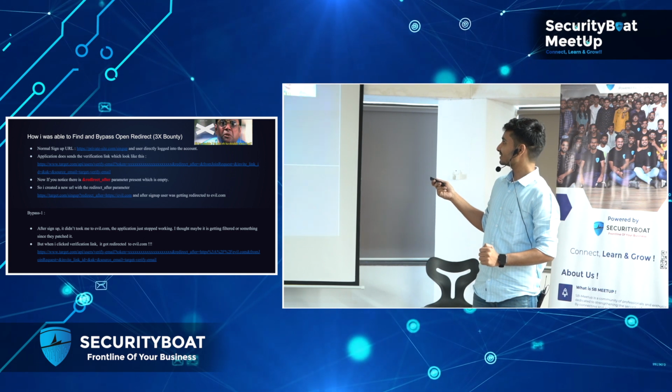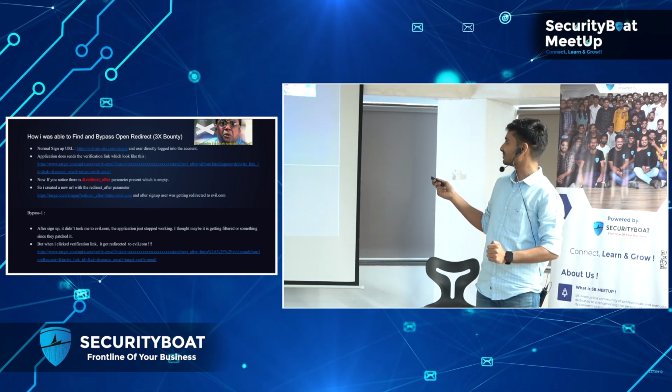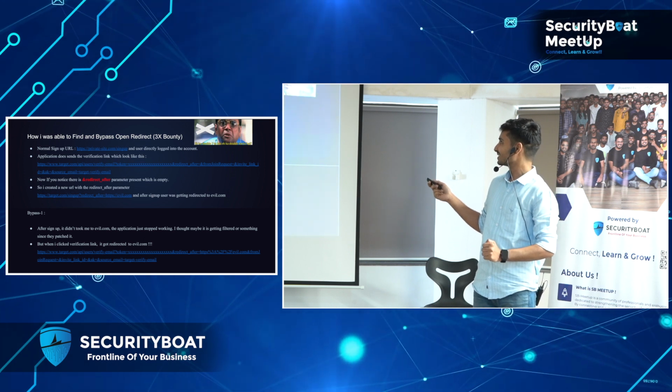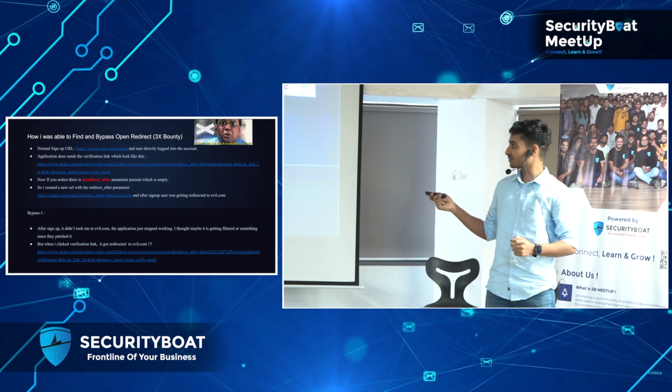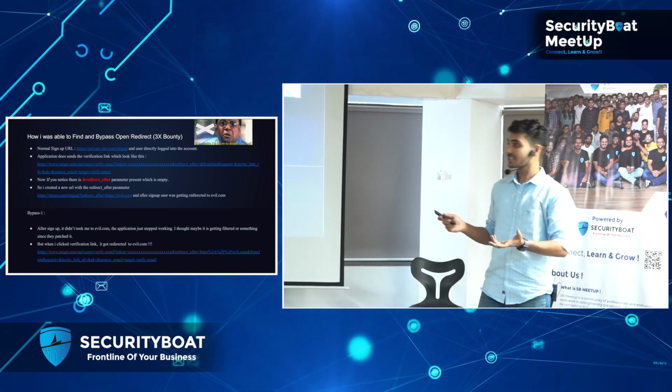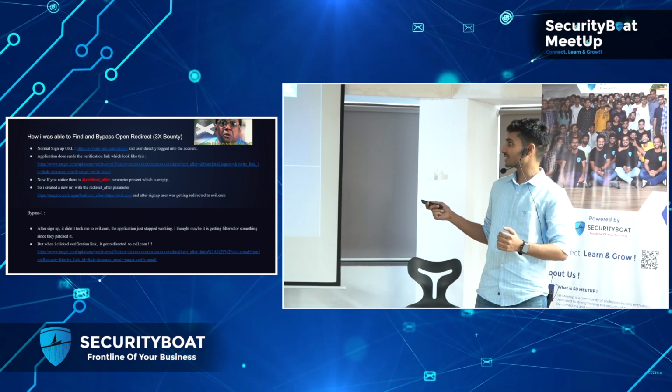The first issue was how I was able to find and bypass open redirection. This GIF is actually the double scheme, but this time it got triple. There was a target on the HackerOne platform. These are all the HackerOne targets.